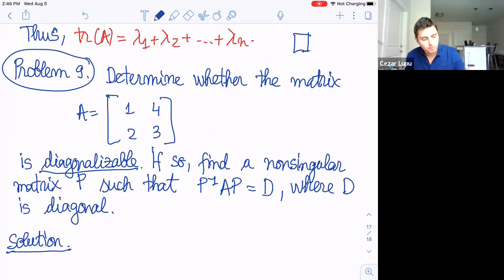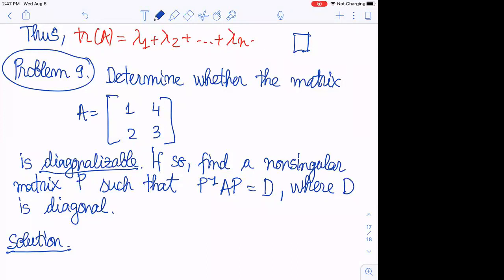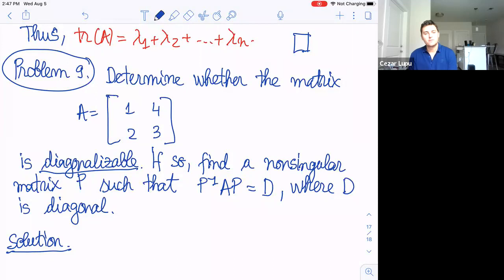Also, if you look at the video and also the notes, I gave you an example of a 2 by 2 matrix that was not diagonalizable. So the first step that you need to do is to write the characteristic polynomial, find the eigenvalues, their corresponding eigenvectors, and then we'll play around with that.